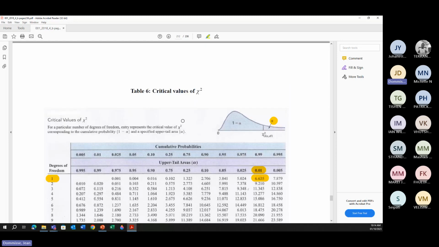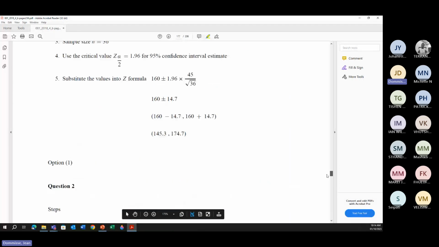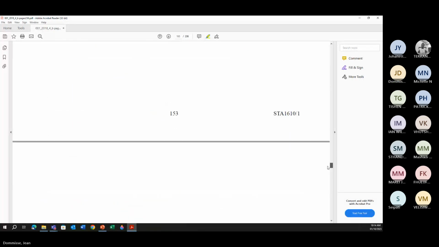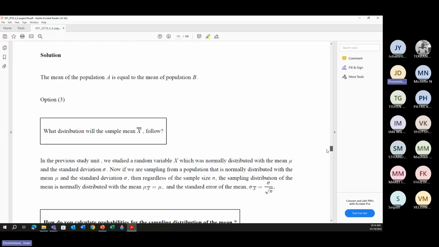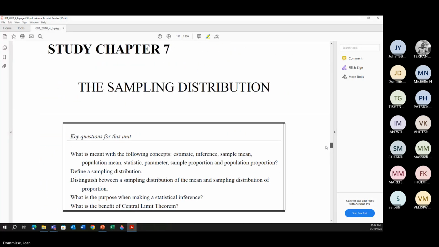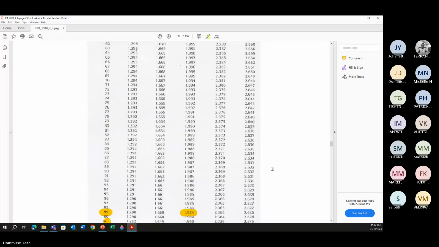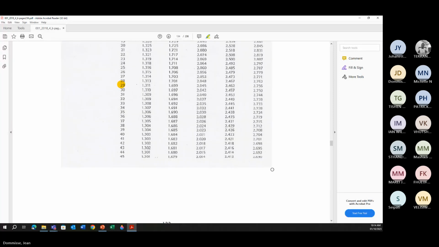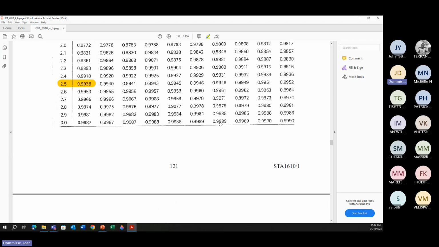I think let's quickly go to the T table as well. I think it was chapter 6, way back. Yeah, okay, so that is not even easy to read.